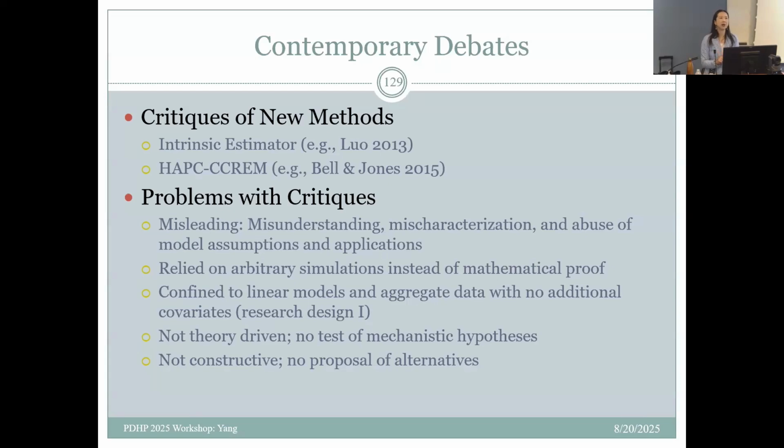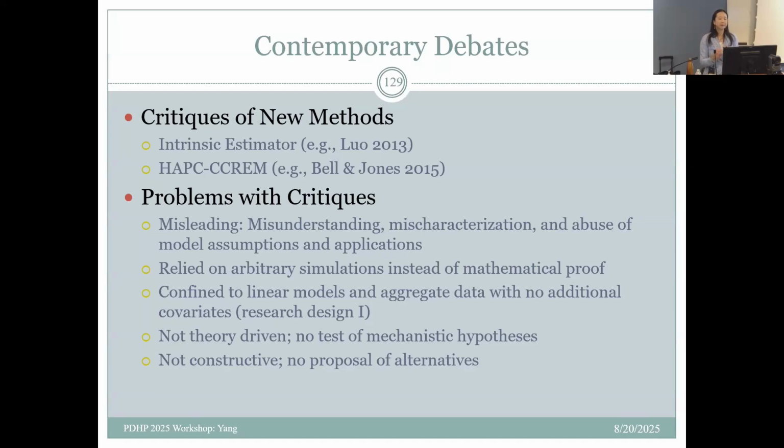The second is that when they showcase something that is wrong or does not work, they often use examples based on simulations instead of mathematical proof. This is probably more for serious methodologists to debate, but I learned early in my studies of statistical methods that simulations you can come up with are arbitrary, based on whatever goal you set, and in order to be serious, you need to use mathematical proof.